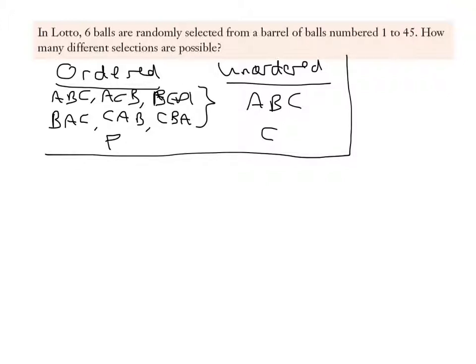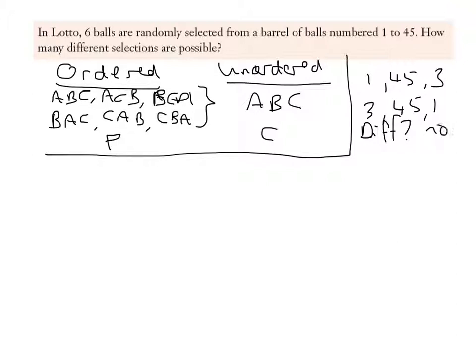Now the first thing we need to think about is: is it ordered or unordered? Does it matter whether you get 1, 45 and 3, or does 3, 45 and 1 have to come in that specific order? Is there any difference in Lotto?